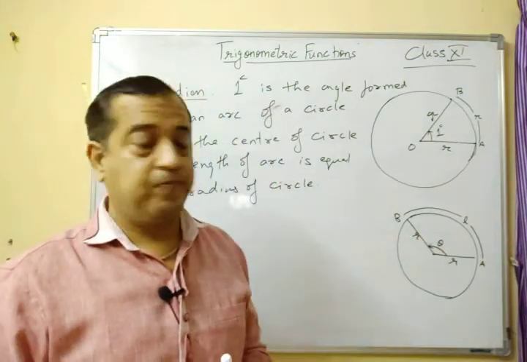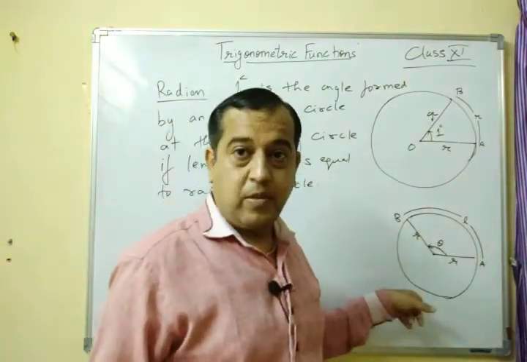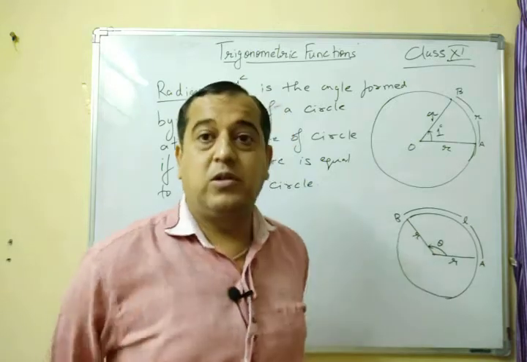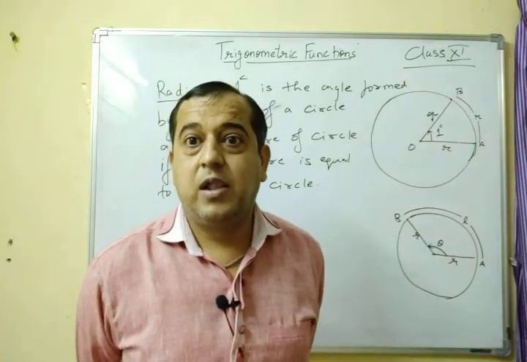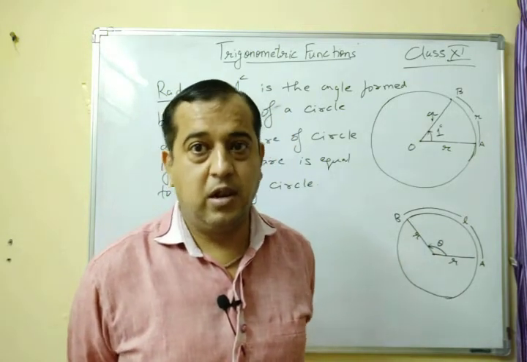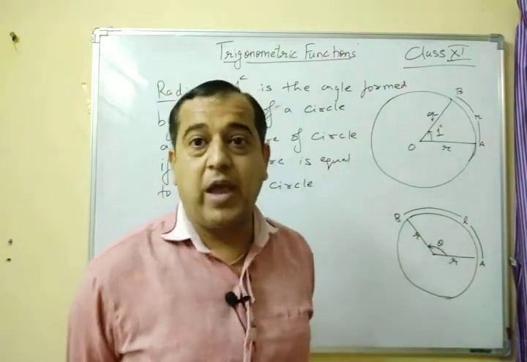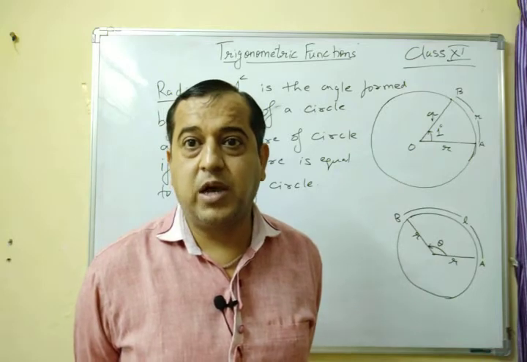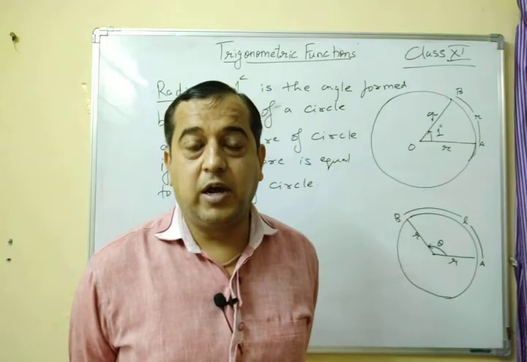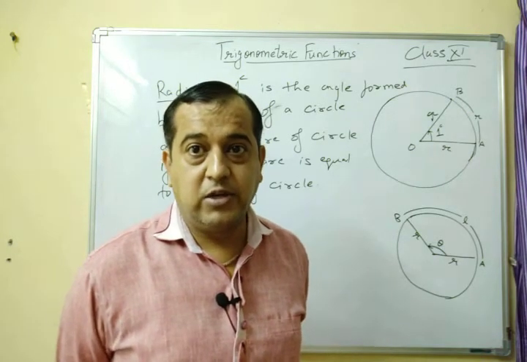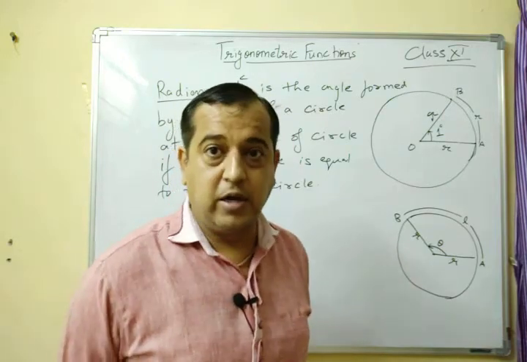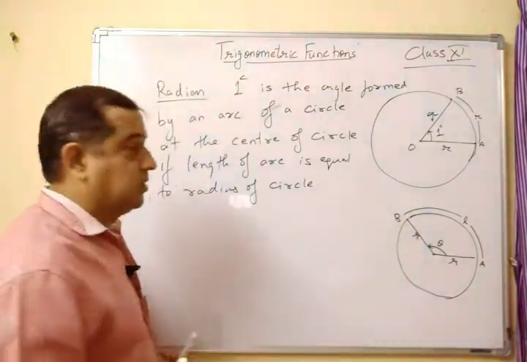Radius r is the radius of the circle, and A and B are the points on the circumference of the circle in such a way that the length of arc AB is L. Now this arc AB is forming angle theta at the center. Then there is a relation between L, r and theta. What will be this relation?